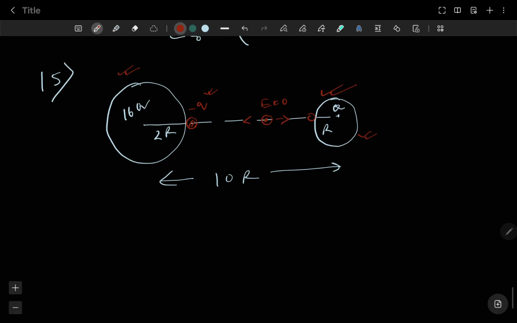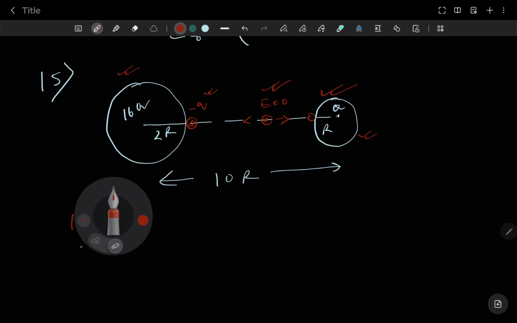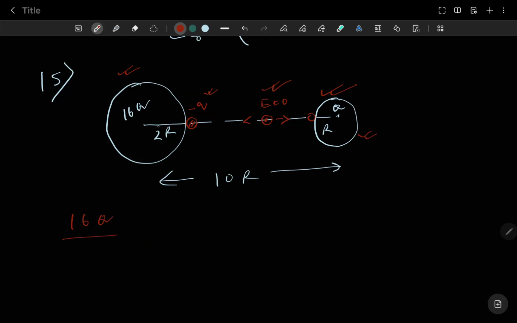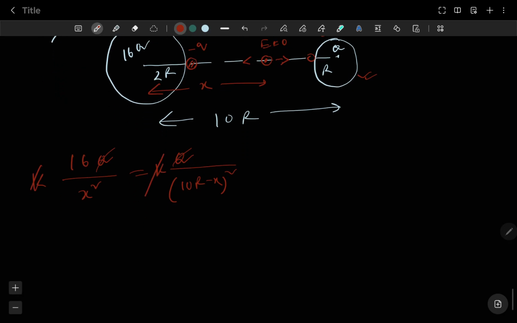Okay, so first calculate the neutral point, that is, where E is 0. So it is 16Q by X square, call the distance X, equals Q by (10R minus X) square. Okay, I'm not writing K because on both sides K, that is 1 by 4 pi epsilon naught, will cancel.